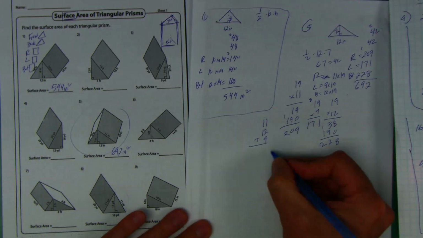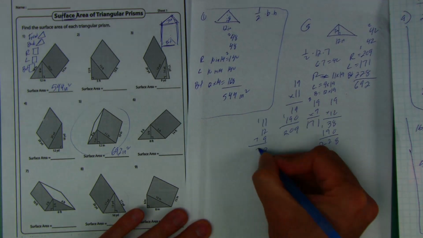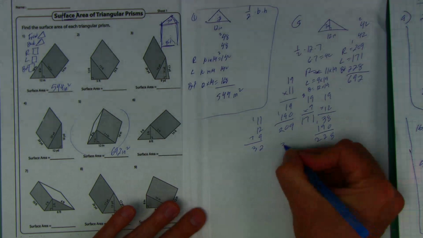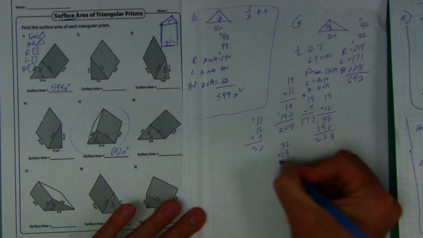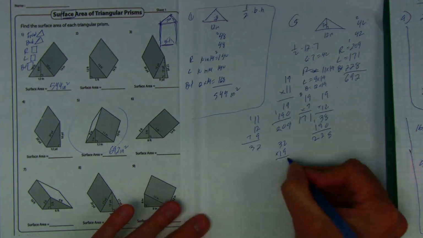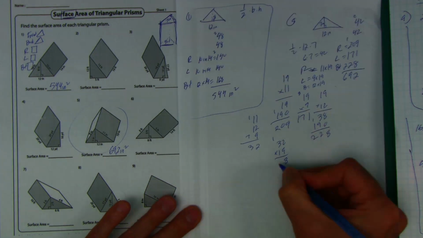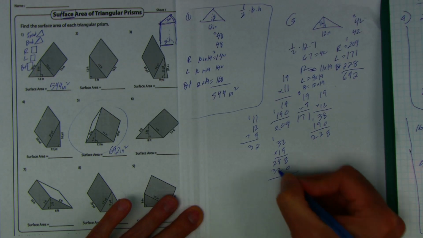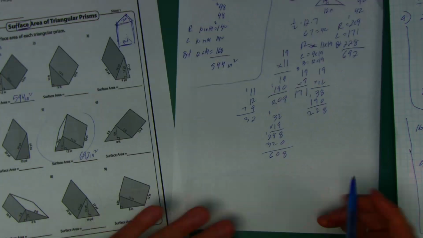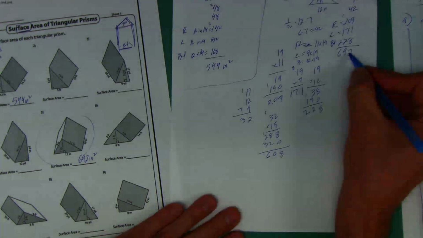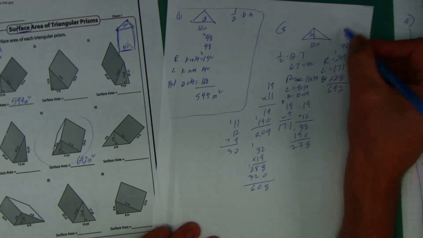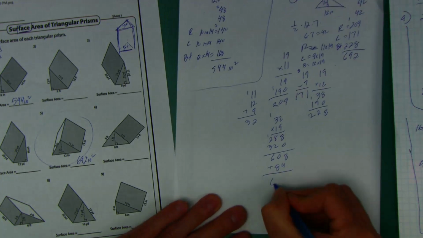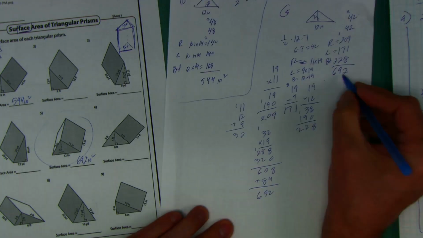Now, if I add all those up, I get 32. Now, guess what? 32 times 19 would be a shortcut on this. And I get 608. Now, 608 wasn't our answer, but that's because I didn't add this 42 and 42, which is 84. When I add that, I do get 692.